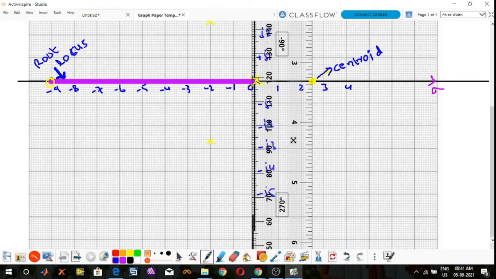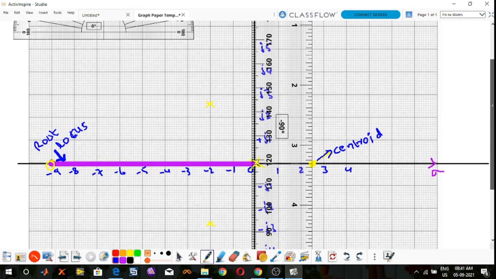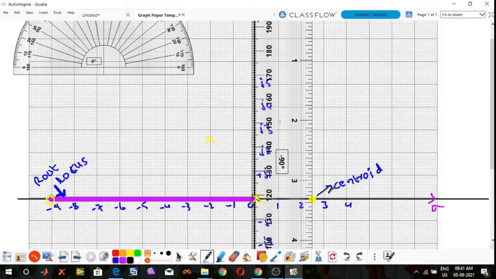The centroid is the center point. Measure the angles of asymptote using a protractor. This is plus 90 degrees.